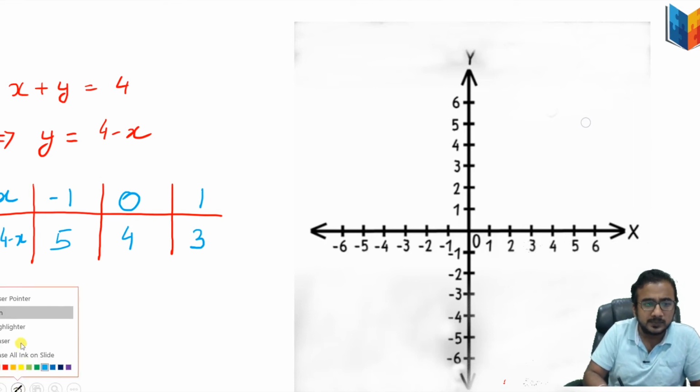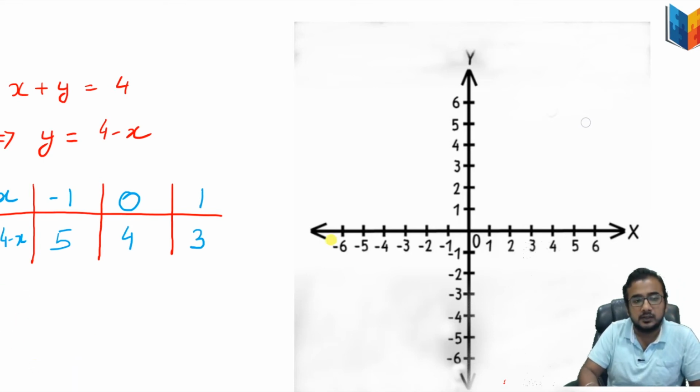Now let us make a graph. So suppose, when x is -1, what is the value of y? The value of y was this one over here. Now when x is equal to 4, so we will make a coordinate over here.